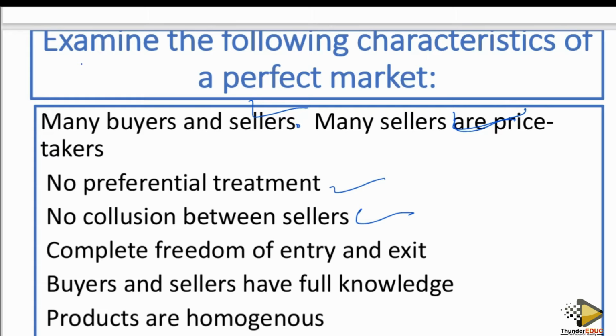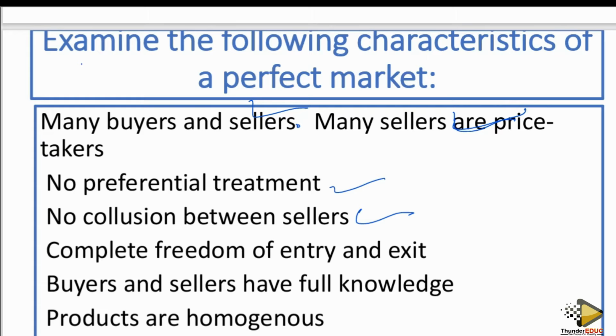Businesses shouldn't join ventures, because in that regard consumers or buyers of goods and services are going to be negatively affected. Hence they are expected to operate independently of one another.